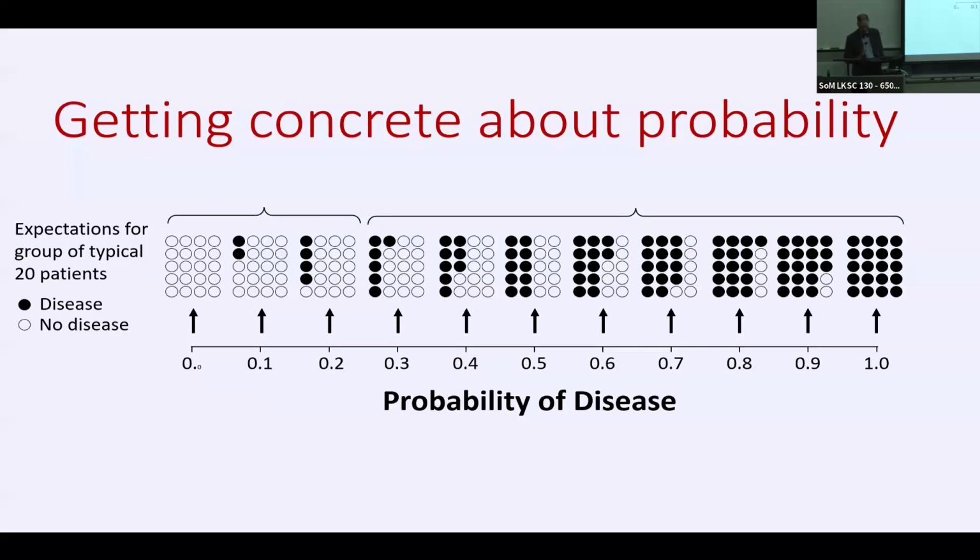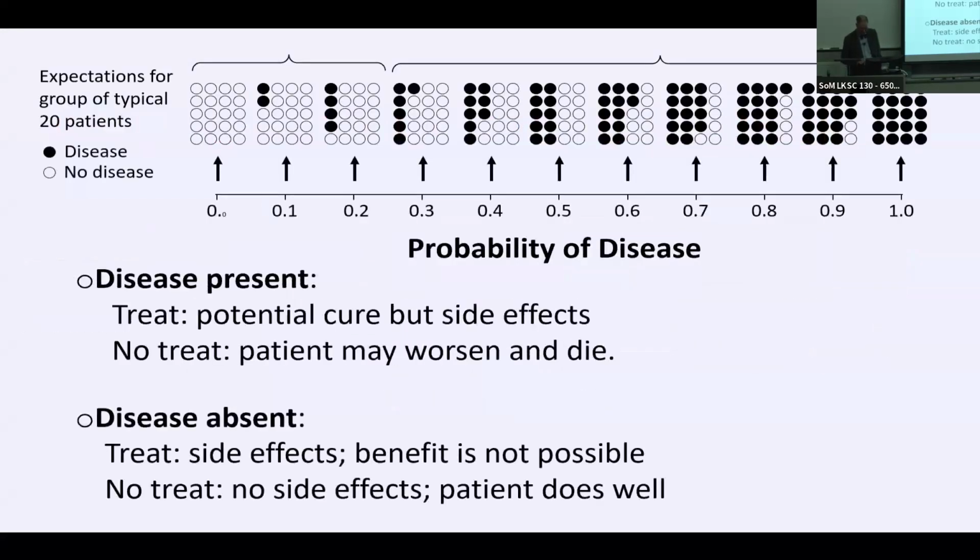So as the probability of disease gets higher, more and more people are going to have the target condition. And each one of these probabilities is going to have its own mix of the benefits and harms of treatment. So it gets complicated pretty quickly, and we're going to try to tackle that.